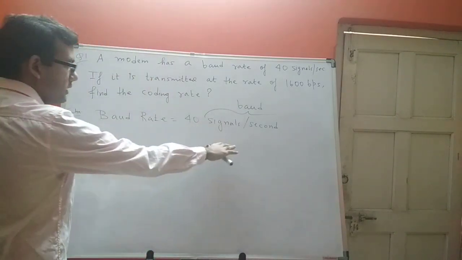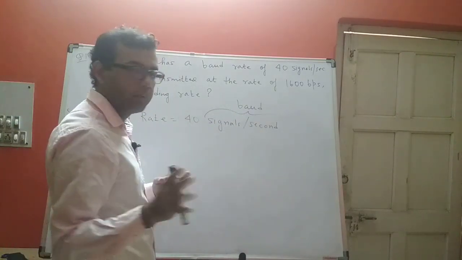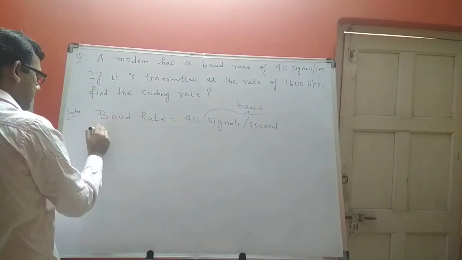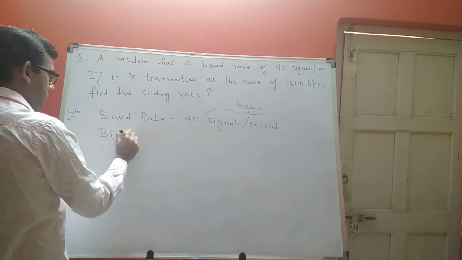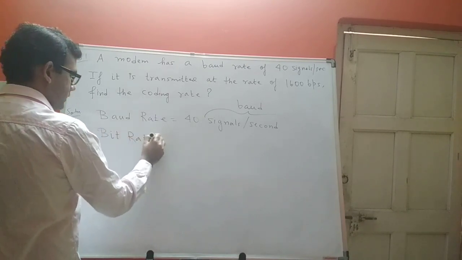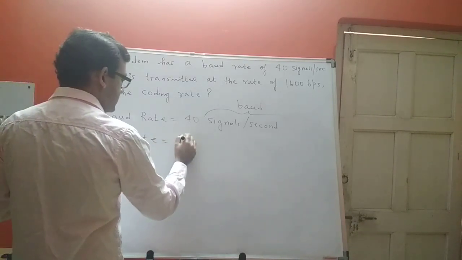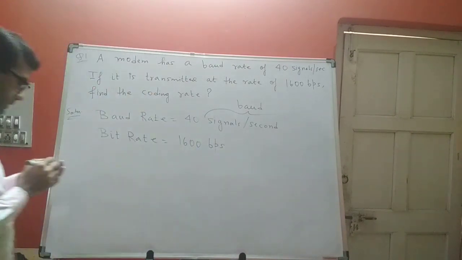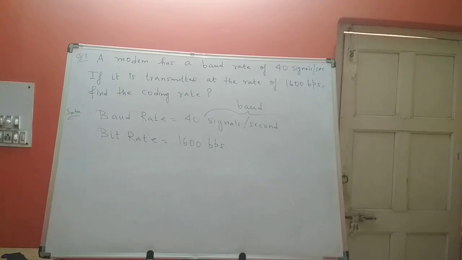Instead of writing signals per second, even if I had written baud, it would have meant the same thing. And I have been given the bit rate, which is 1600 bits per second. Now I have been asked to find the coding rate.